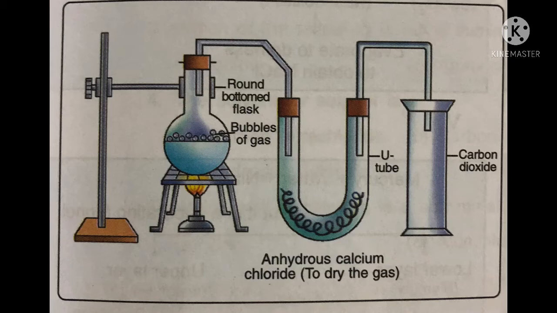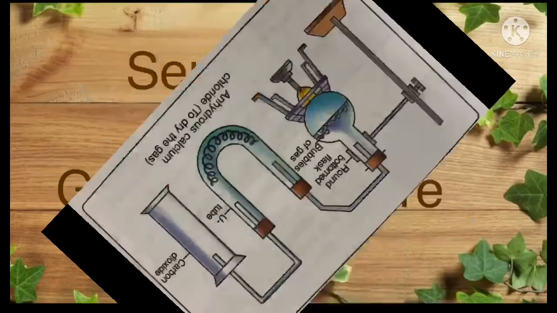Then on heating, bubbles of carbon dioxide are formed, which leave the solvent and move into the drying chamber where it is dried by using anhydrous calcium chloride and finally collected by upward displacement of air. So by using this method we can separate the liquid-gas mixture easily.